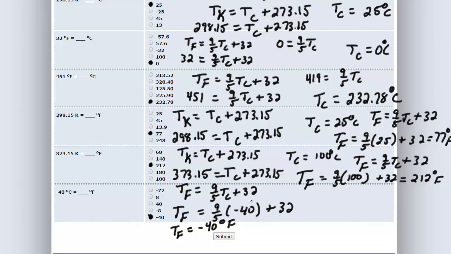Let's look at this problem a different way. What if I asked you at what temperature would the Fahrenheit and Celsius temperatures be the same? Well, we would start out with our formula. Temperature in Fahrenheit is 9/5 the temperature in Celsius plus 32.